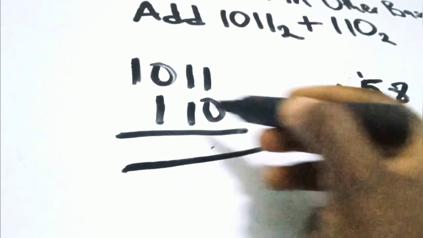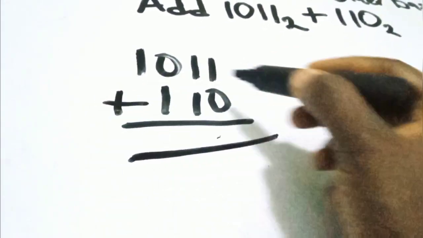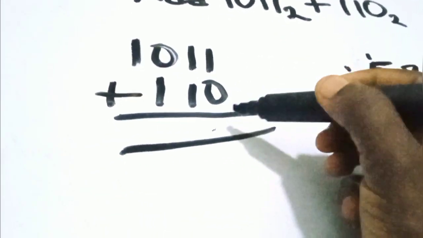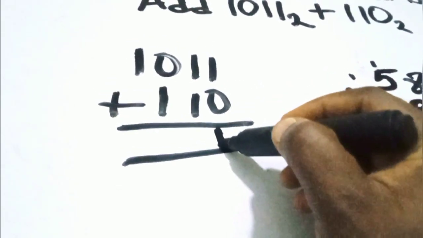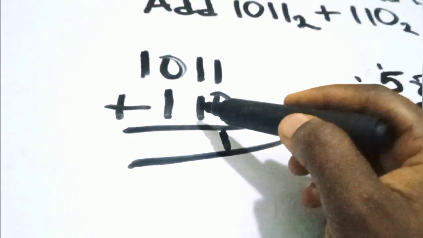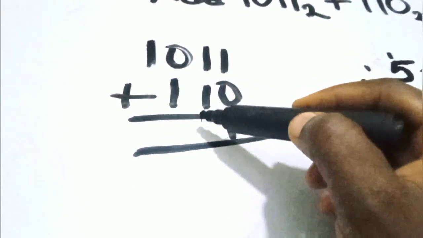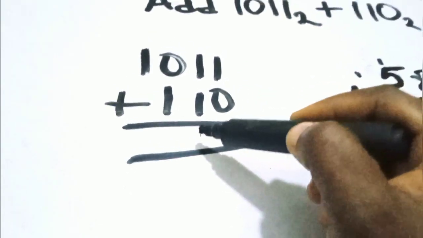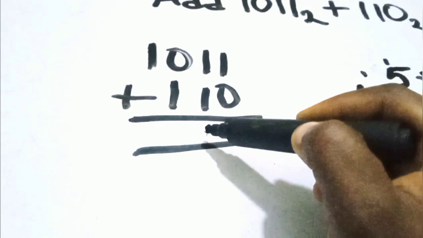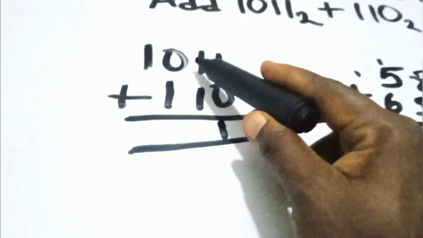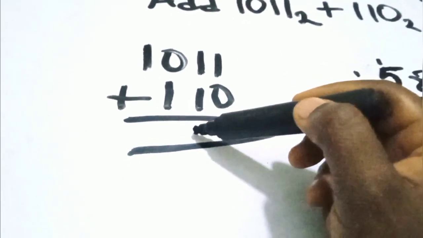For me to add it, let me put my addition sign. 1 plus 0 will be what? 1. We bring 1 down. Now 1 plus 1 will be what? 2. And you remember this is base 2. It doesn't have to have 2 because the highest digit can never reach 2, which is the base.